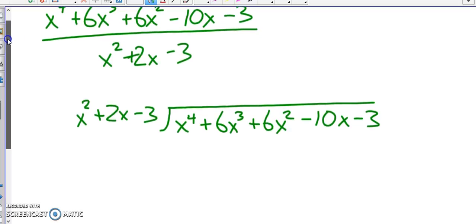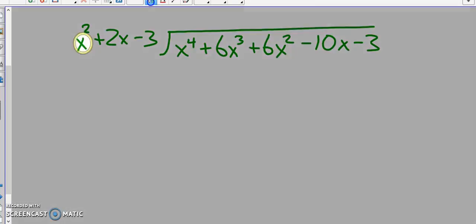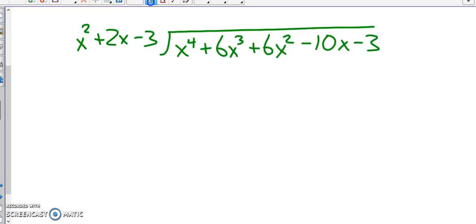Okay, let's try to write this maybe a little smaller so I can fit stuff in. So, again, we look at this x squared here, and we look at this x to the 4th, and I say to myself, okay, what do I have to multiply x squared by to get x to the 4th? And the answer to that would, of course, be x squared.